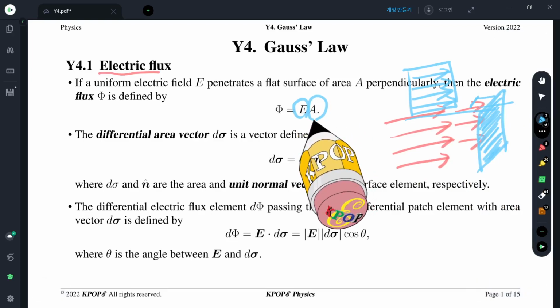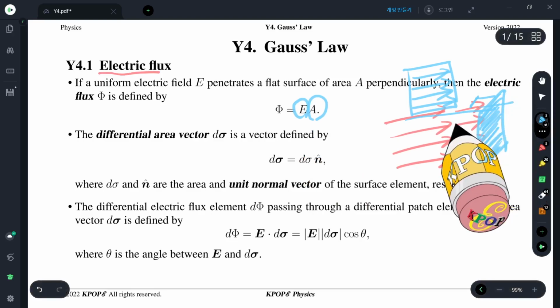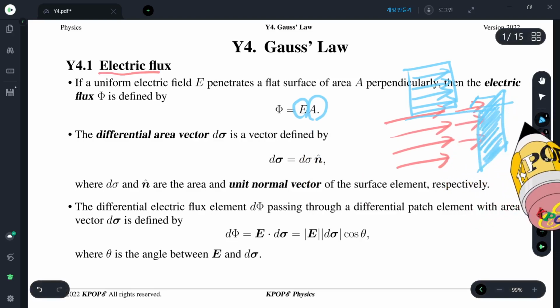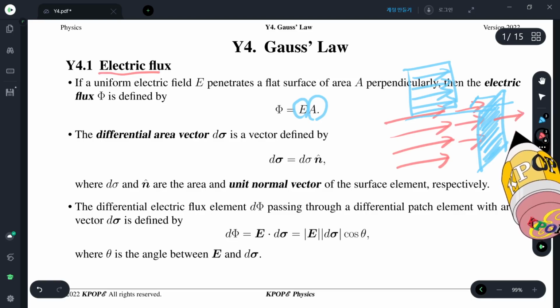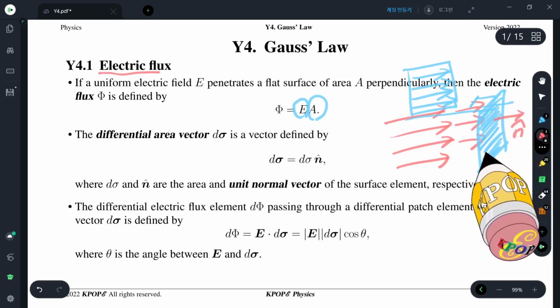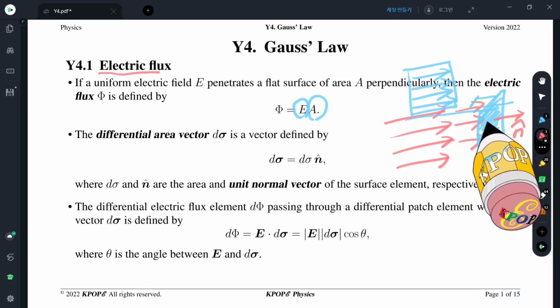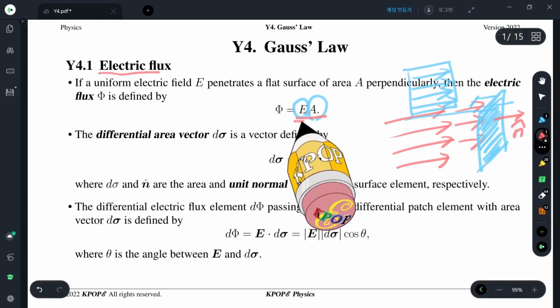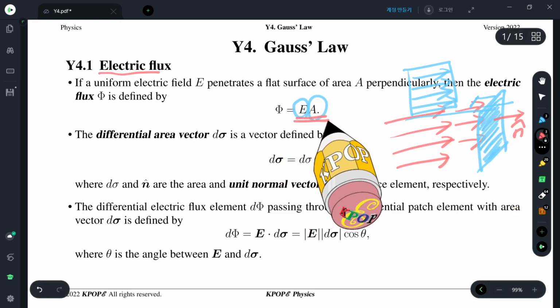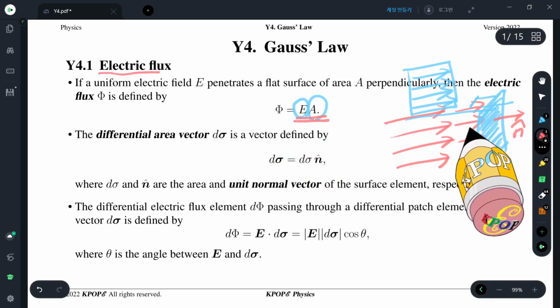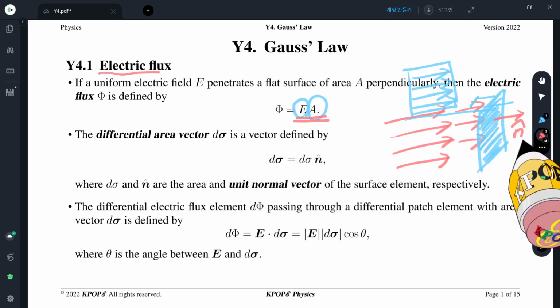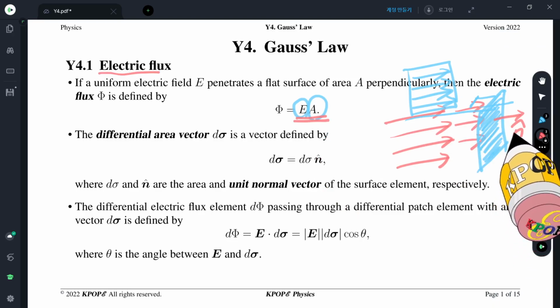In general, the electric field and the normal vector n hat of the surface can make an angle theta. When the electric field and normal vector of the surface are parallel, theta equals 0.